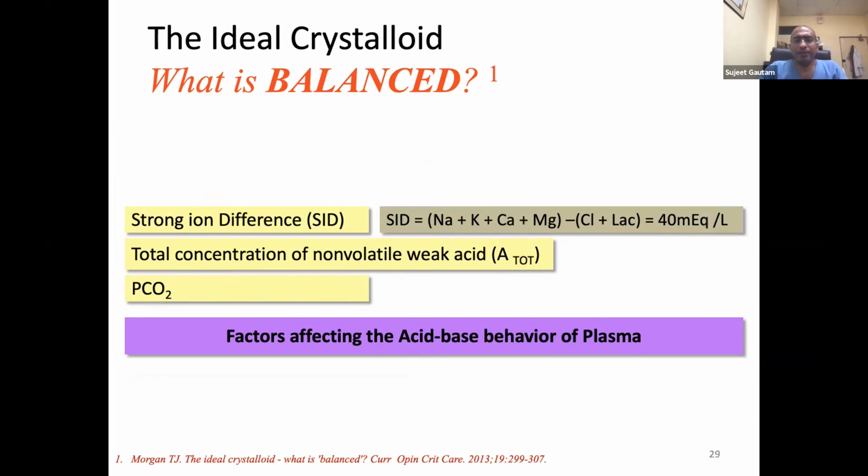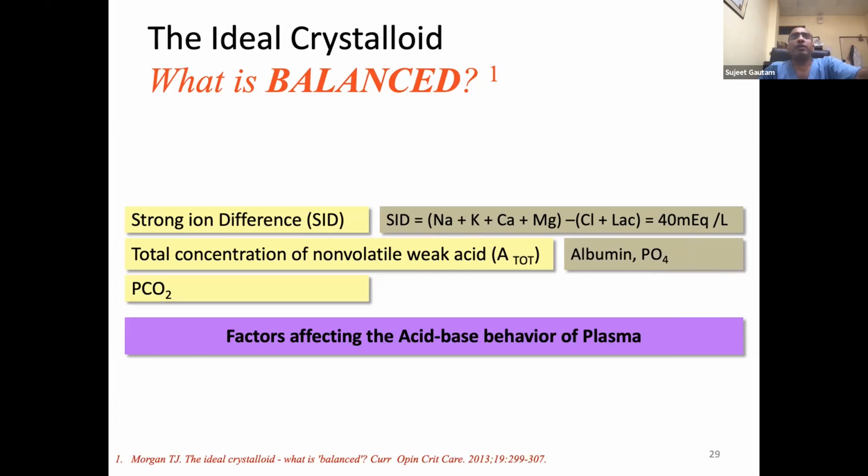Well, SID is the difference of strong cations and strong anions, and it is to the tune of approximately 40 milliequivalents per liter. And the key weak acids which are of importance as far as acid-base behavior is concerned are albumin and phosphate.